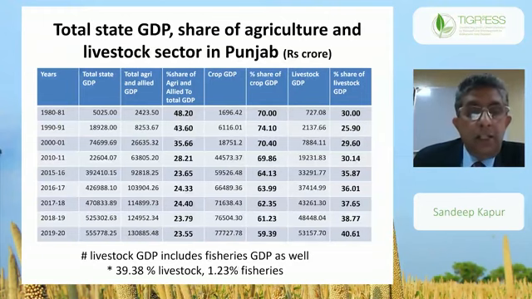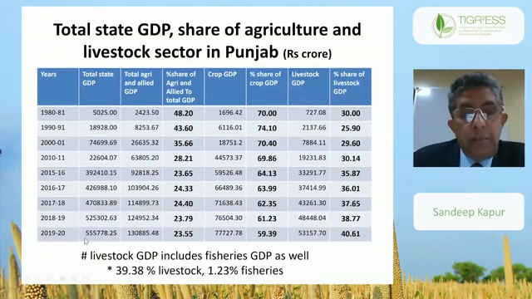So I'll give you a quick look at what our GDP of the total state is. Approximately, this is 555,000 crores, and out of that total GDP, the agriculture GDP is about 130,000 crores, which is about 23%, and it has come down from 48% in 1980 to approximately 23%.